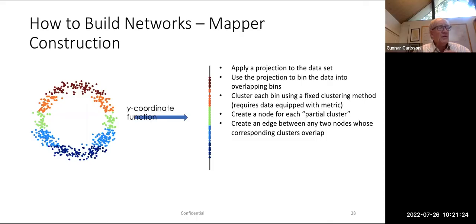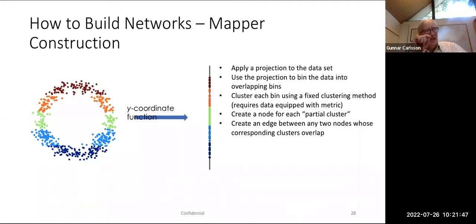But I want to say here, we've done this with the y coordinate function here, but in general, we won't be using a particular coordinate function on the data. We'll instead be using something statistically meaningful, either like a density measure, or a centrality measure, or perhaps some machine learning coordinates, say a PCA1 and PCA2.